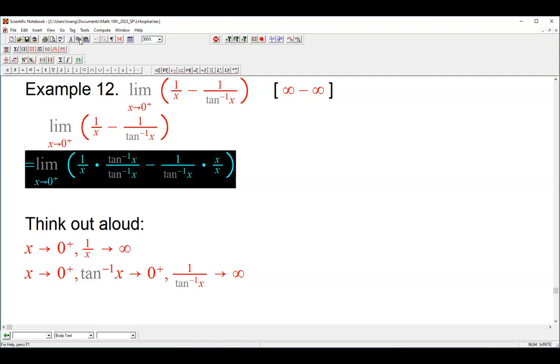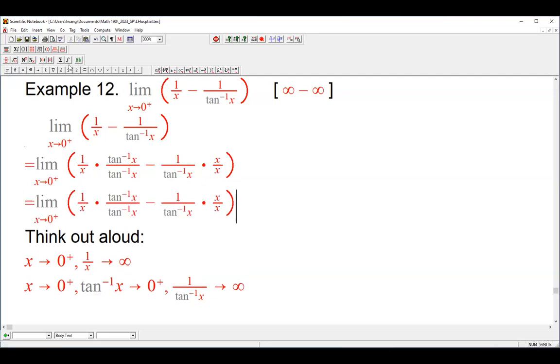So once we find the common denominator, we can keep it. The common denominator is x times arctangent x. And over here, that's an x, right? So when we combine these two, we have a subtraction.